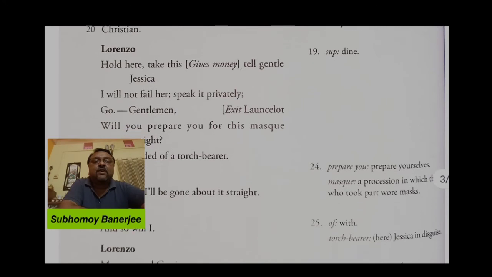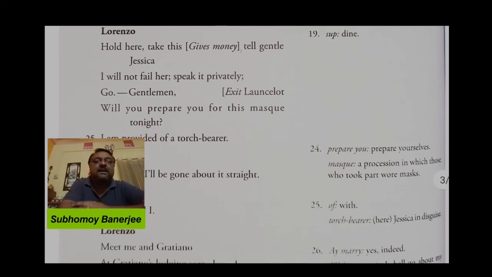Lorenzo says, "Hold here, take this," and gives money. "Tell gentle Jessica I will not fail her." So Lorenzo has already read the letter. So he says, hold it, wait. He gives him some money also. So you see, Lancelot gets money both from Jessica and from Lorenzo, because he is the go-between, as I told you. In the previous scene, we have seen Jessica giving money, and now we can see Lorenzo giving money.